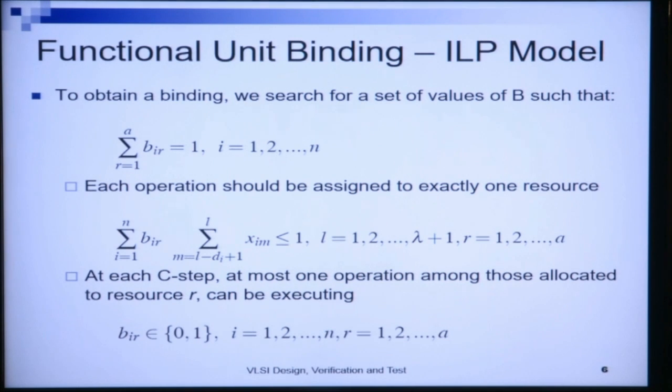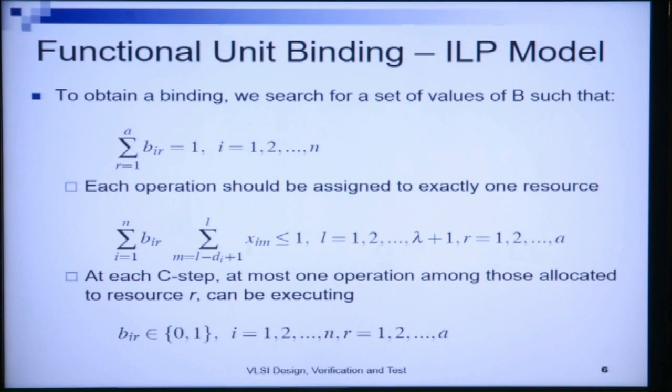at each C step, at most one operation among those allocated to resource r can be executing. So, what does this tell me? That for each resource r, we will take one resource at a time, and for that resource we will consider all time steps.